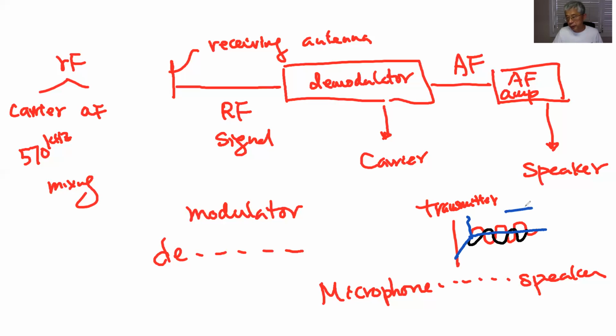Here you have another antenna, one transmitter antenna and here a receiving antenna. This one basically does the opposite. Now it receives the signal and creates this electric signal.